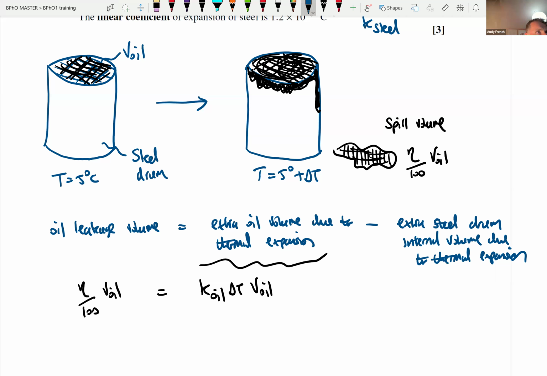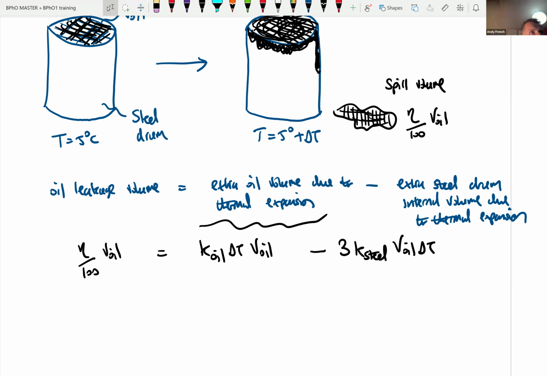Right, and now we need to do the other one. Now here's an interesting idea. It's a linear expansion coefficient, so we are going to be expanding in 3 dimensions, so we're going to multiply it by 3. That's the other hard point here. So 3 K steel, V oil, delta T. And why is that?